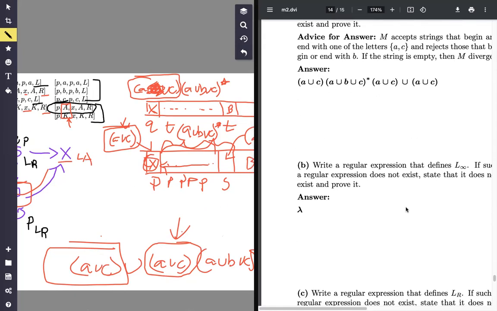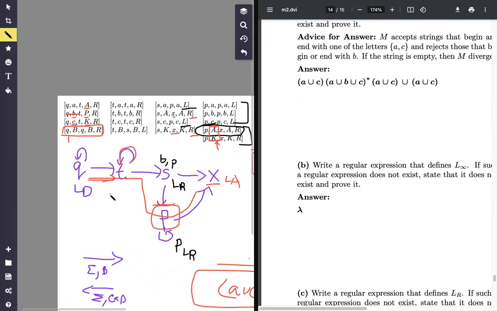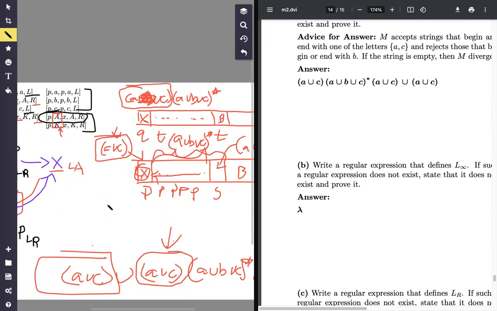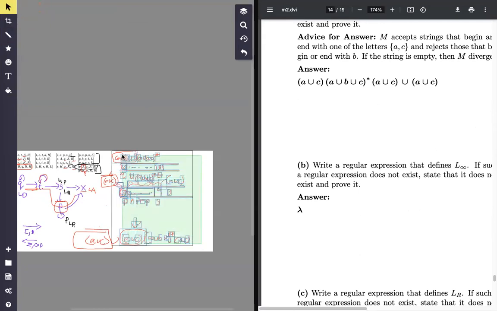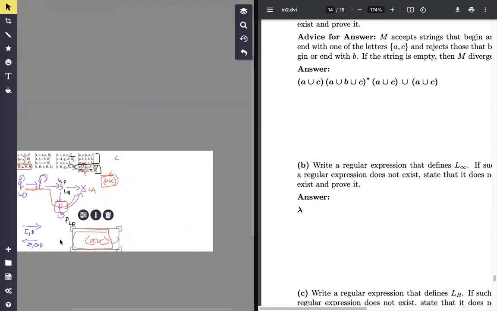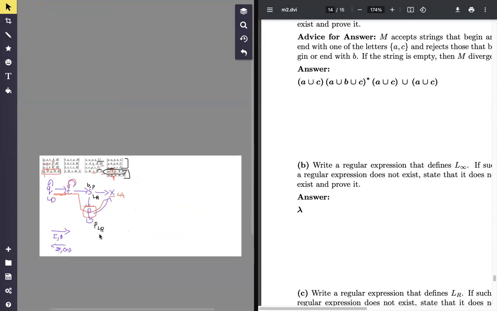Okay, let's go on to diverge. So we know from our graph that the only way we diverge is in state Q. And we get there by automatically just being there.